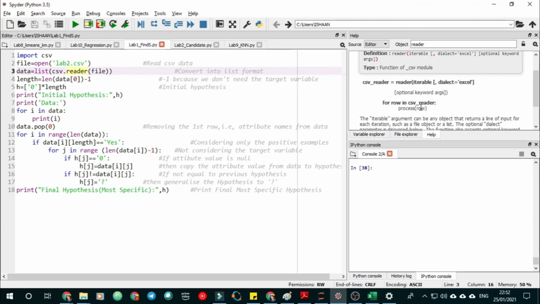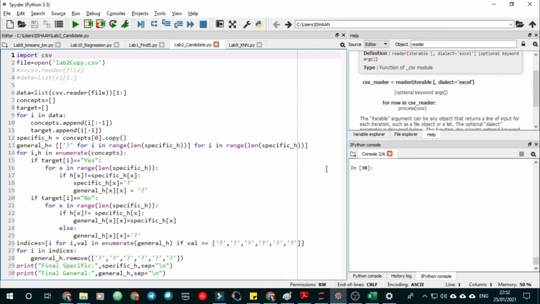But if you go to Jupyter Notebook and press shift tab, you'll get to know the detailed description of each and every thing. I hope I have explained this before. Now we'll move to the candidate elimination.